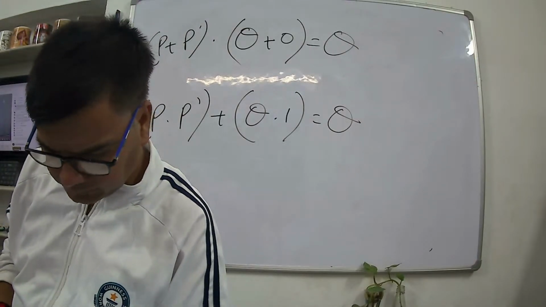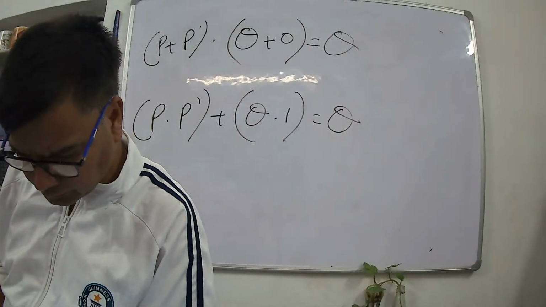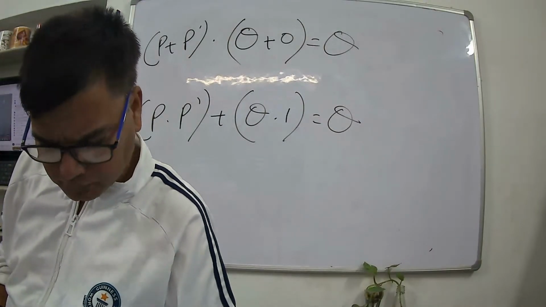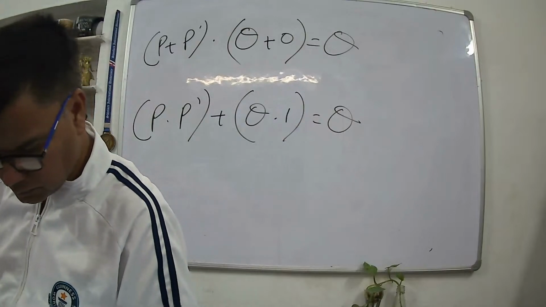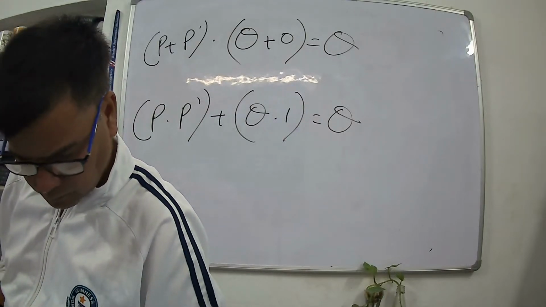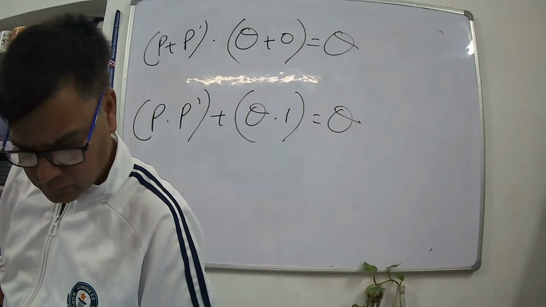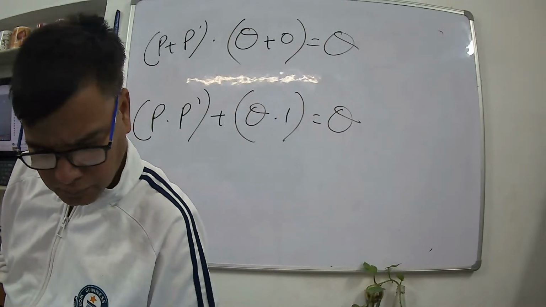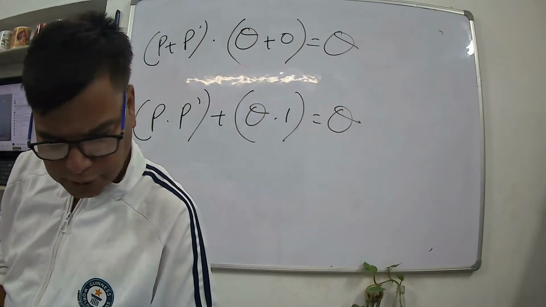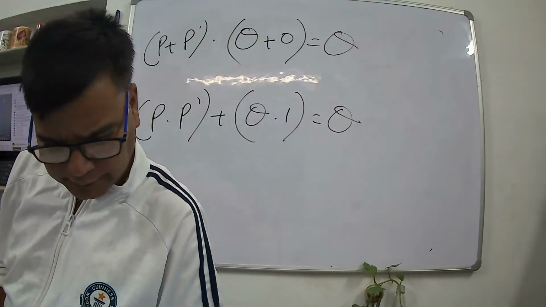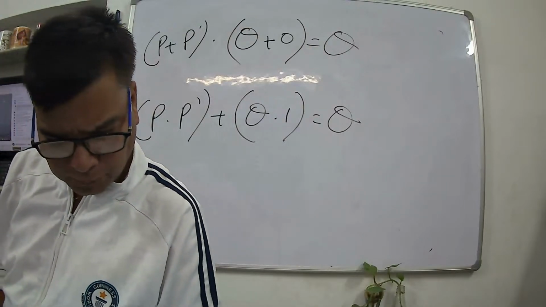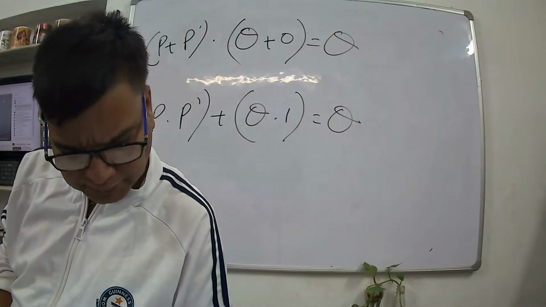So these canonical forms, SOP, POS, the duality theorem, De Morgan's theorem, finding the complement. Till here, nobody should have a problem. Fine? Okay.